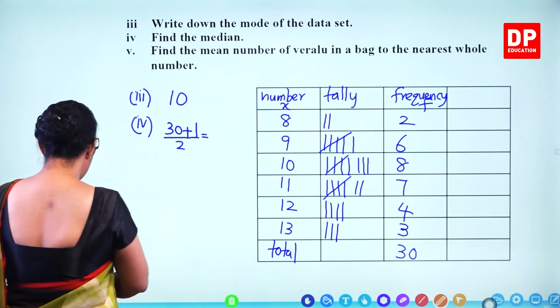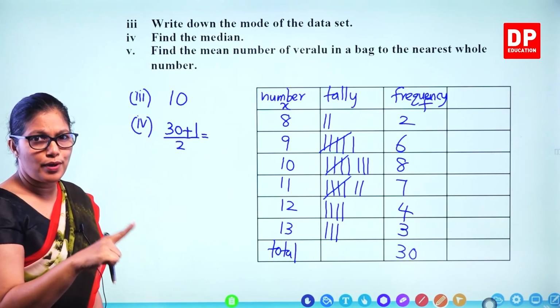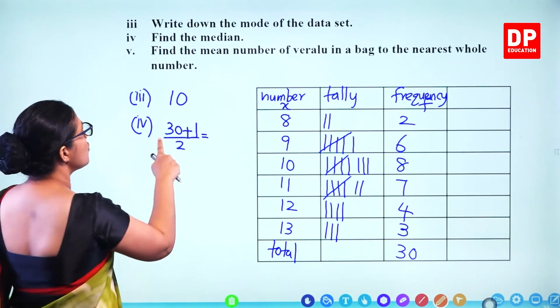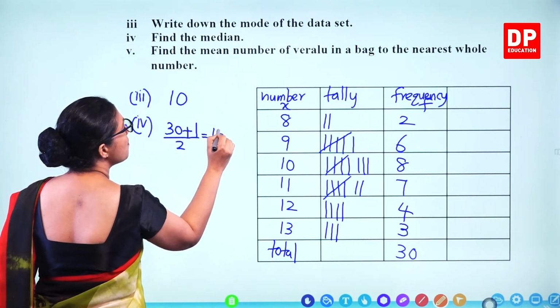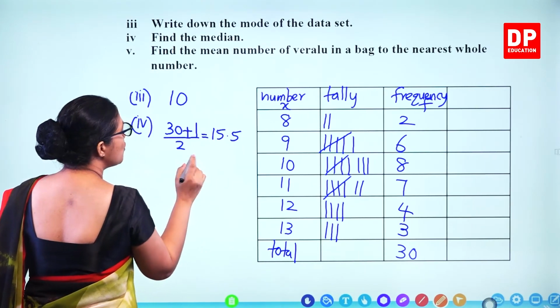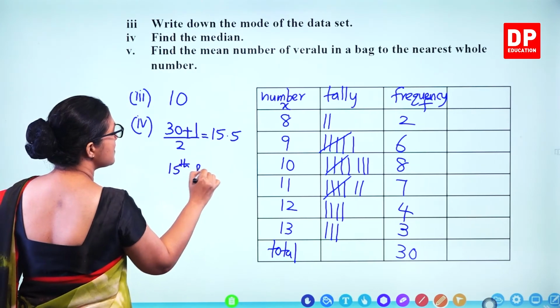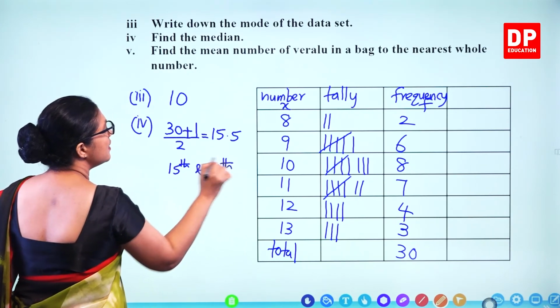Or 30 divided by 2, you get 15. So the 15th one and 16th one. So this is 31 over 2, which means 15.5, in between the 15th and 16th. You get the median.